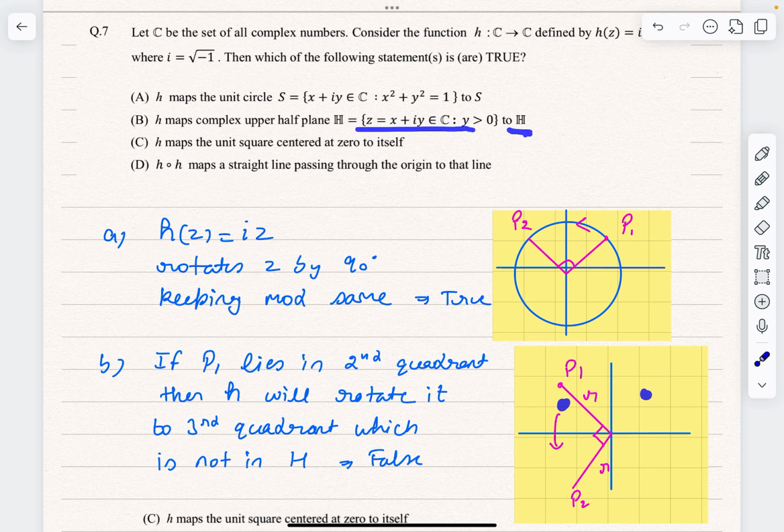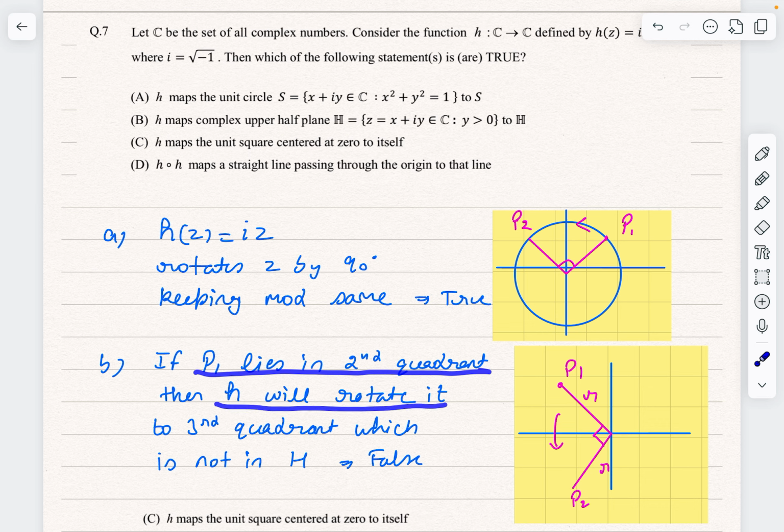That means if you take a point in the first or second quadrant, if you use this function H on that, it will still lie in the first or second quadrant. You can see clearly it will be wrong. If you take a point in the second quadrant and H will rotate it 90 degrees, the point will now come in the third quadrant. So this has to be false.